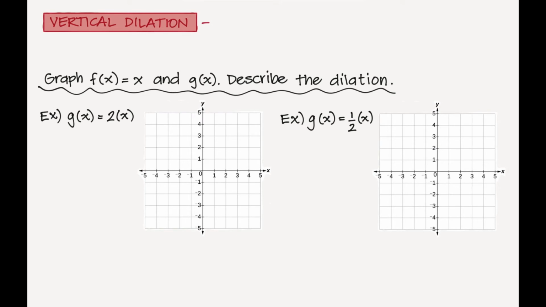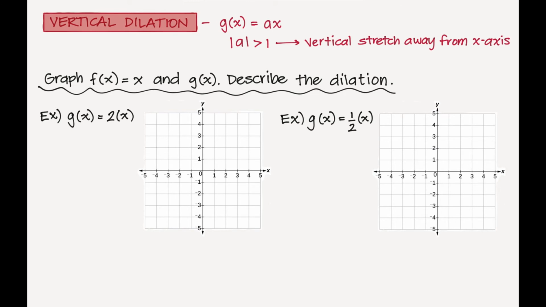All right, let's go ahead and perform another transformation. This is a vertical dilation, and this is where g of x is equal to some number a times x. So that number, when I take the absolute value, if it's greater than 1, this is going to give us what we call a vertical stretch, and this is going to be away from the x-axis.